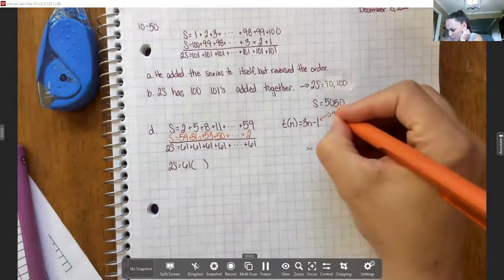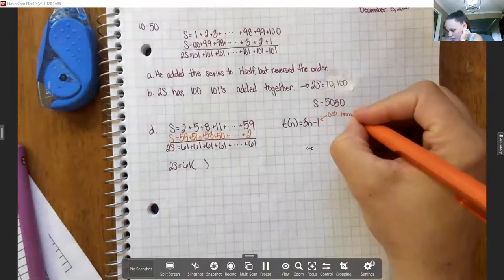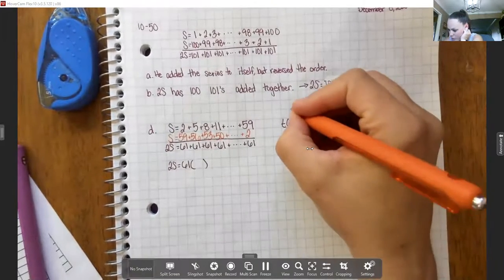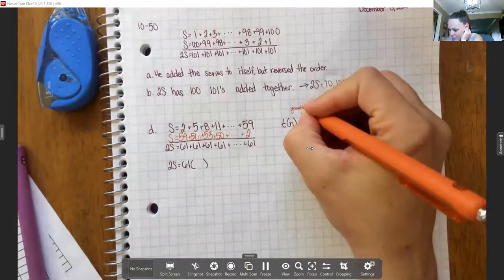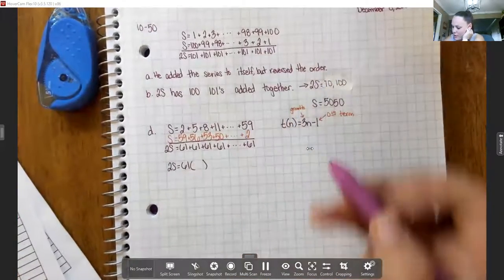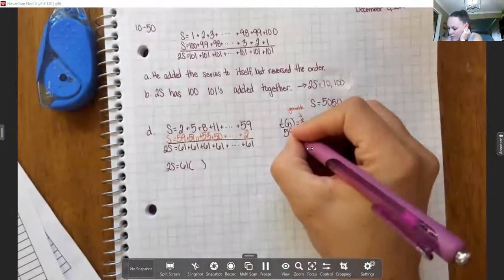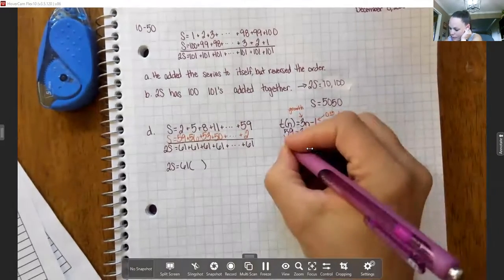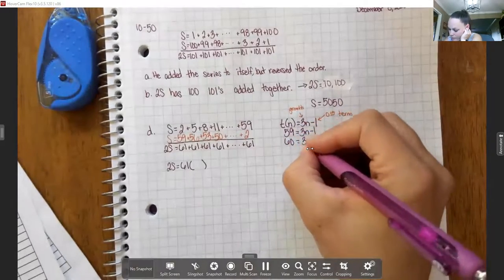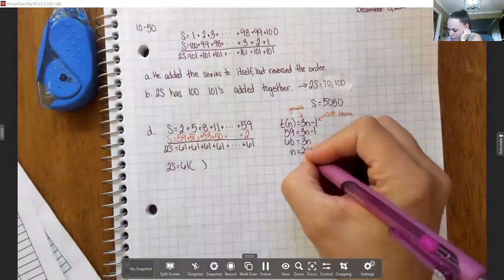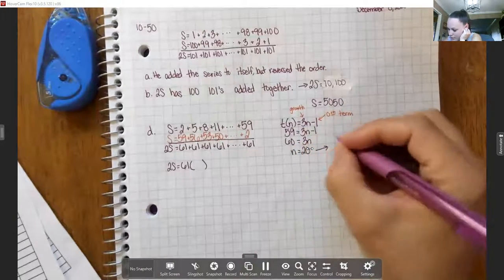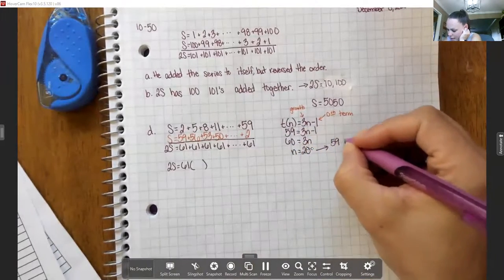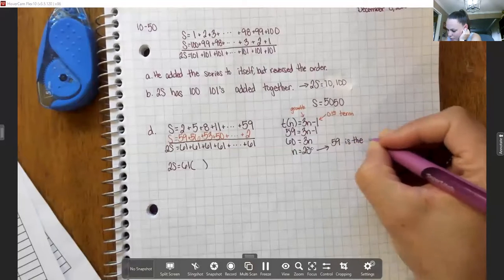Again, that would be the 0th term, or the starting point. And 3 is our growth, or the common difference. So if I want to figure out what term 59 is, I plug it in for T of n. n equals 20. So that tells us 59 is the 20th term.